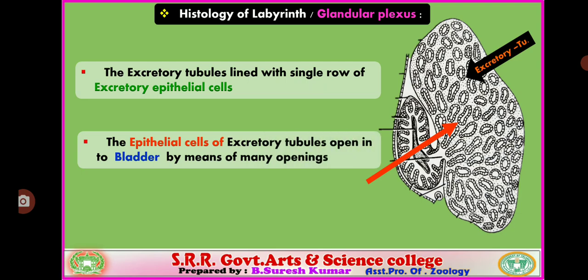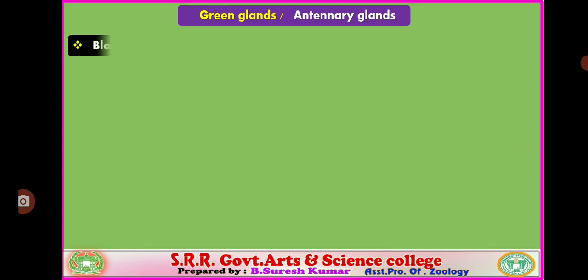The excretory epithelial cells absorb the excretory material from the blood lacunae and prepare the excretory material like ammonia and uric acid. Further, these epithelial cells of excretory tubules open into the bladder by means of many openings. So every excretory tubule opens into the bladder.